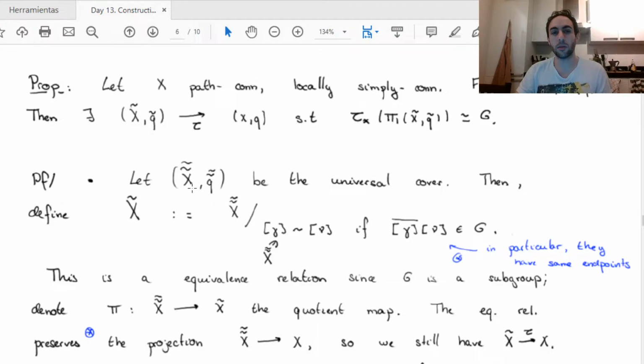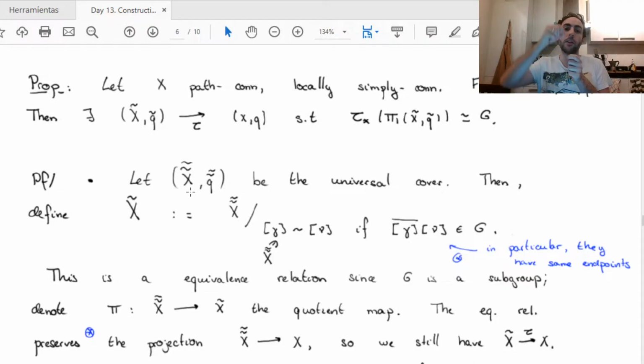Why did x tilde tilde have trivial fundamental group? The idea was that x tilde tilde is an unwrapping of x by the fundamental group. All the loops in the base space are classes of paths, so they have become points in x tilde tilde.